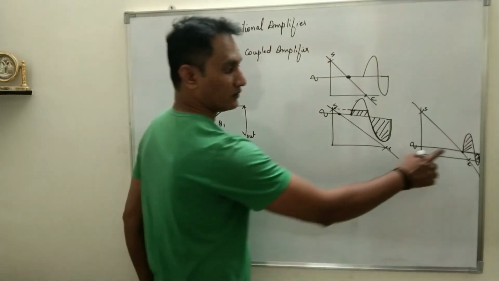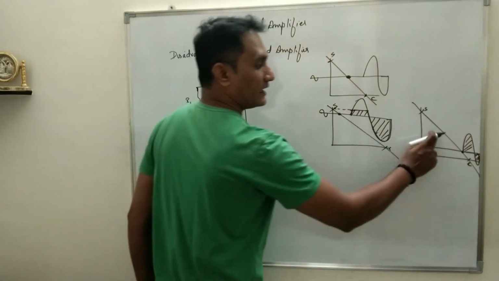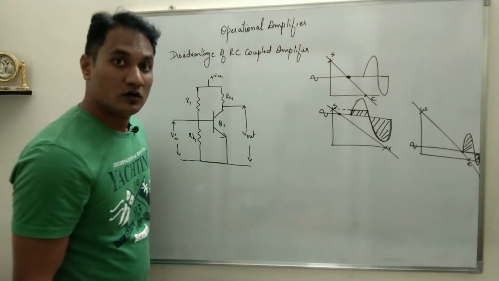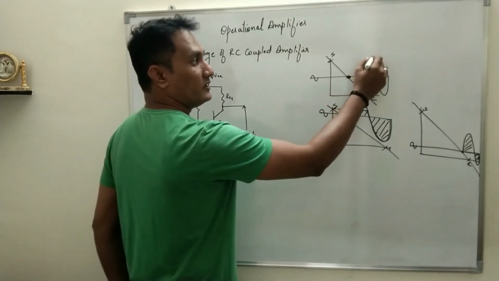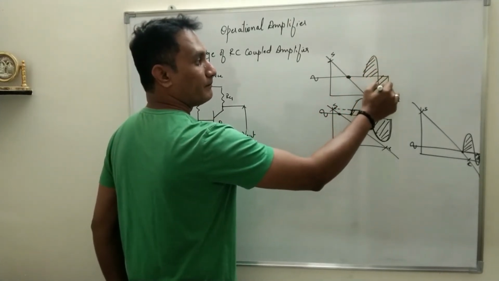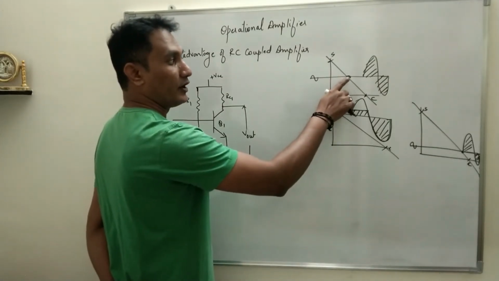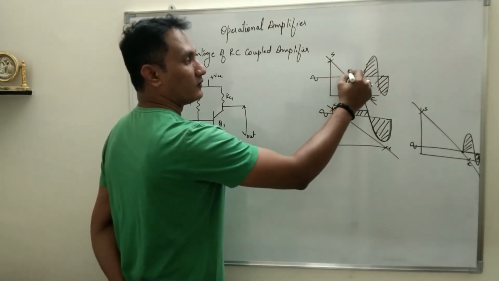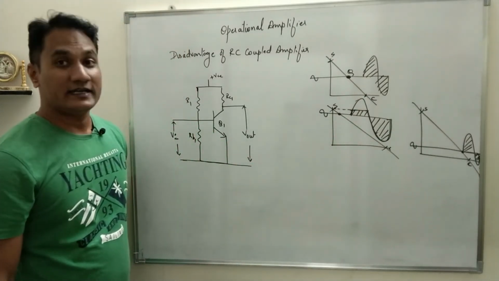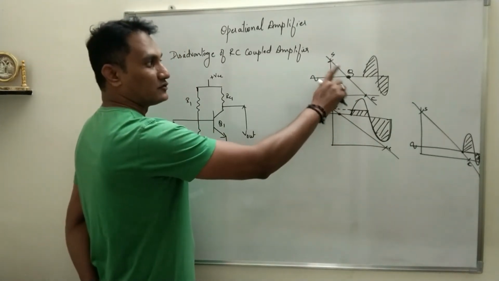So the waveform will look like this. Is this correct amplification? No. Correct amplification happens only when both half cycles are properly amplified, and that will happen only when the operating point, or Q point as we always call it, is stable between saturation and cutoff.